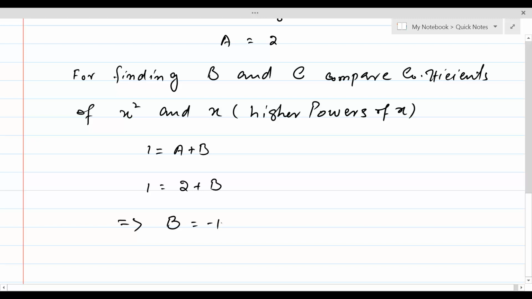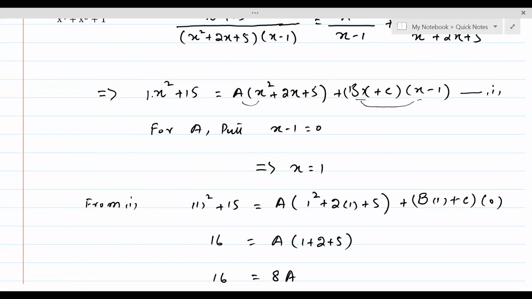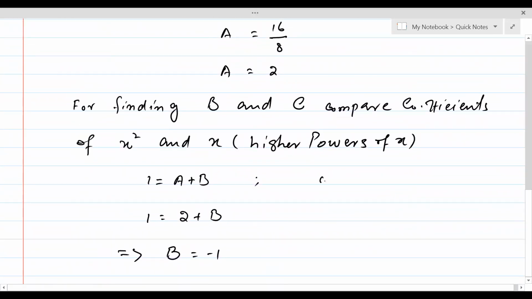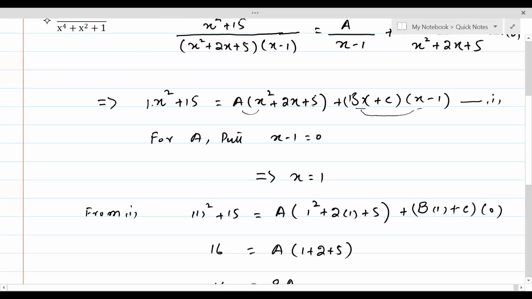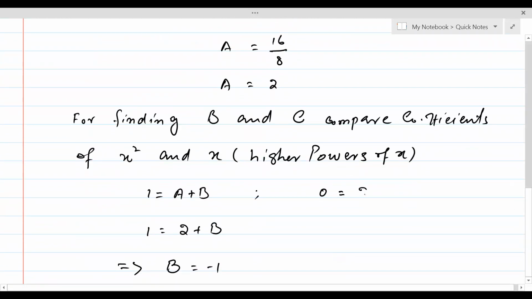So now for finding c, we have to compare coefficients of x. Let's go back to equation 1 and compare the coefficient of x on both sides. There is no x on the left side, so the coefficient of x on the left side will be equal to 0. Let's see which terms on the right side generate a term involving x. Here a when multiplied with 2x gives us 2xa, meaning the coefficient of x would be 2a.